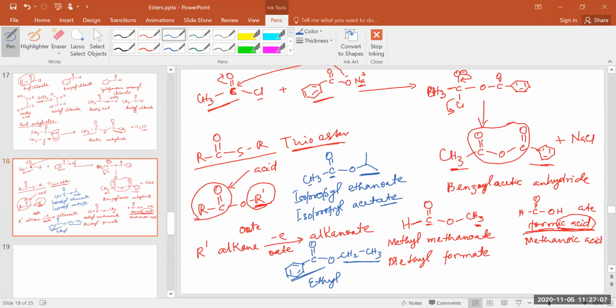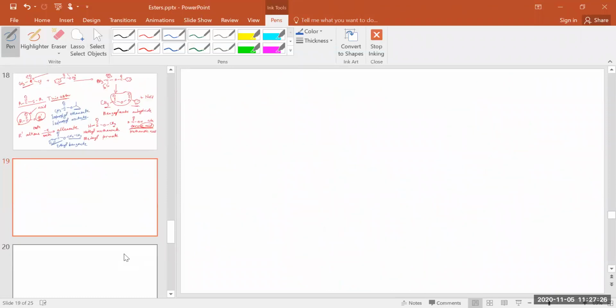So this will be called ethyl benzoate. Benzoate. Okay. So this is the ester nomenclature.